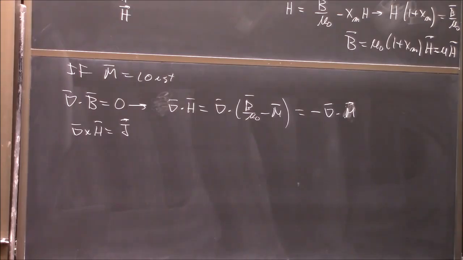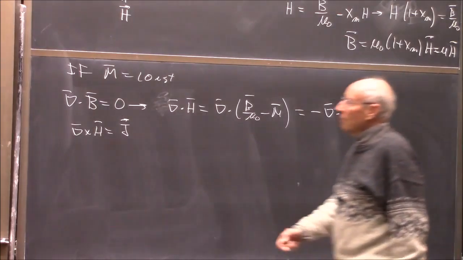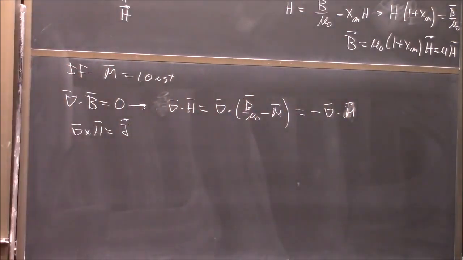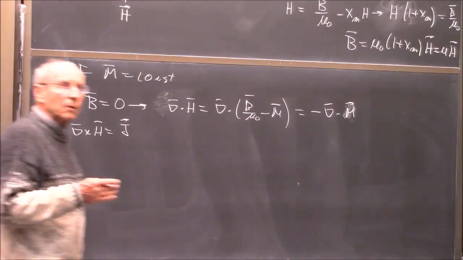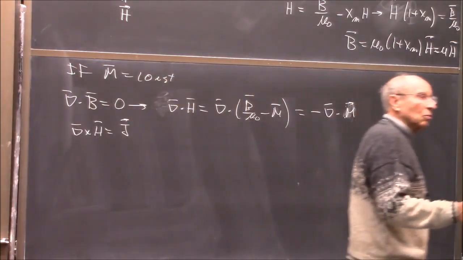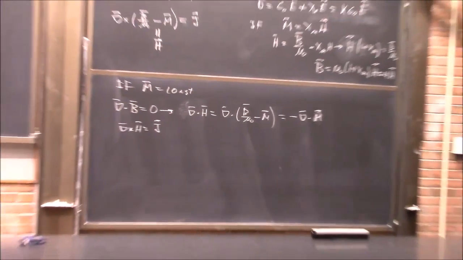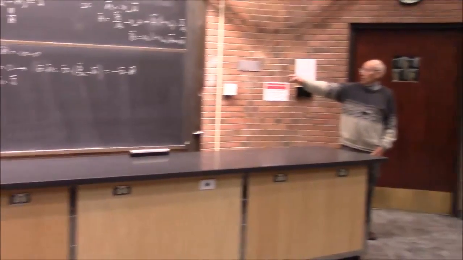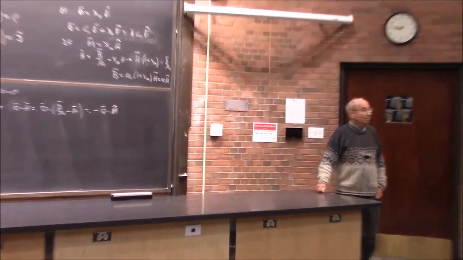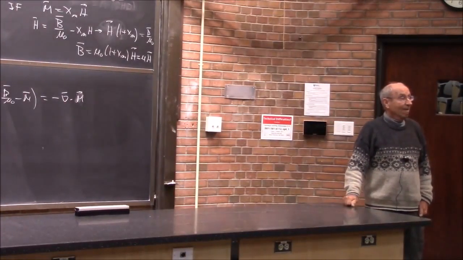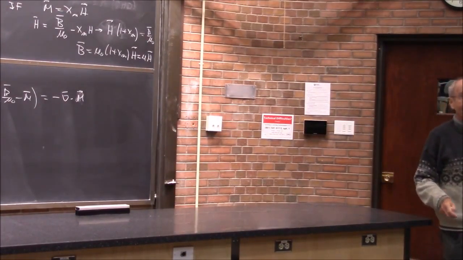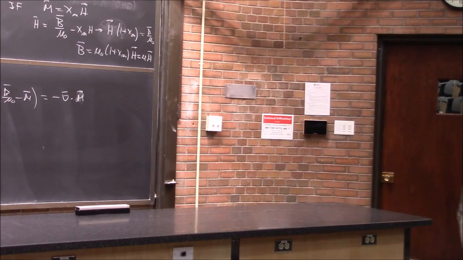Because that's the same equations we had for electrostatics. The curl of E is equal to 0, and the divergence of E was some sort of charge. And so we said we could solve problems with ferromagnetic materials just the way we did electrostatics, where you have a charge, which is the divergence of M. Making sense? Okay?